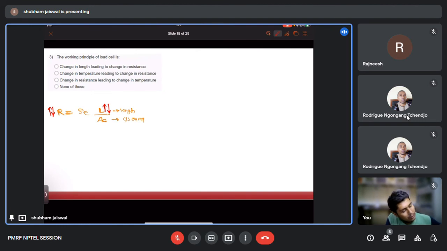So the correct answer will be change in length leading to change in resistance. That is for the load cell.